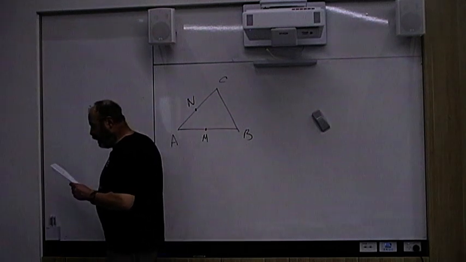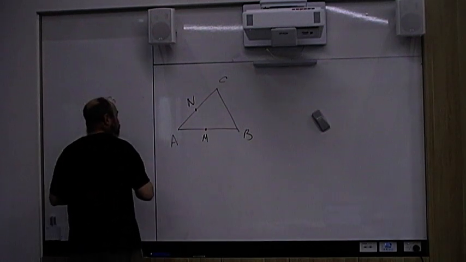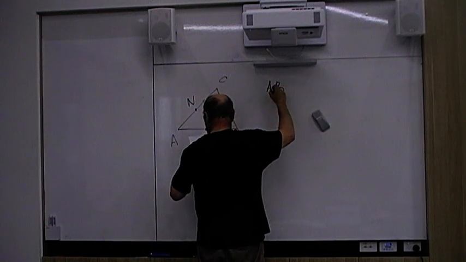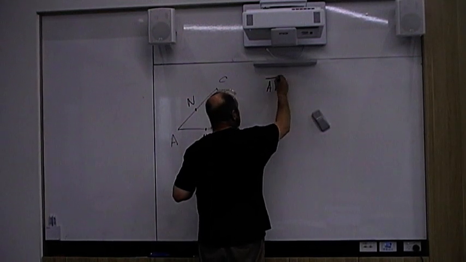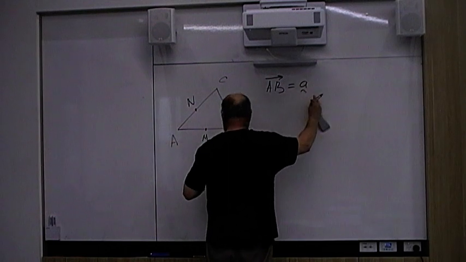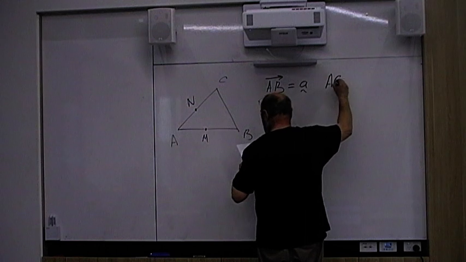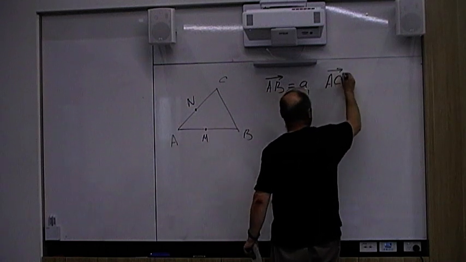And let vector AB equal A, and vector AC equal B.